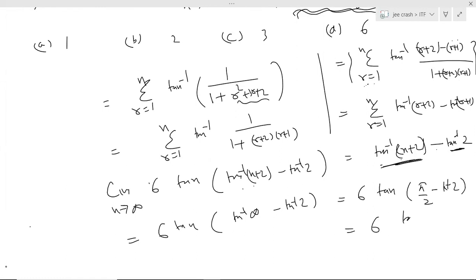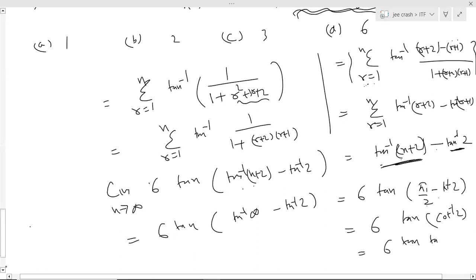So 6 times pi by 2 minus tan inverse 2 is cot inverse 2. So this is 6 tan inverse 1 by 2. So 6 into 1 by 2, which is 3. Is it clear, everyone? Yes, sir. Right. So I told you, once you see the pattern, then everything is very easy.